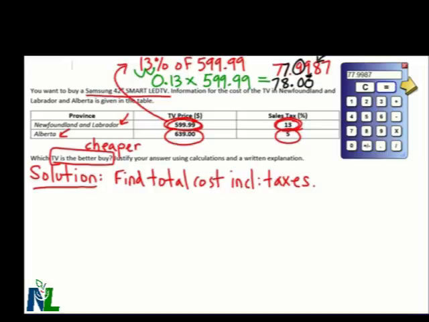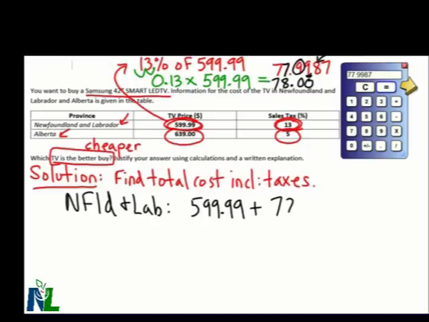So we know in Newfoundland and Labrador, the cost of the TV is going to be $599.99, which is the regular price, plus $78 of tax. So if you work that out, you may be required to line up your decimal places and show your workings, or where it's a multi-step problem, you may be allowed to use your calculator.